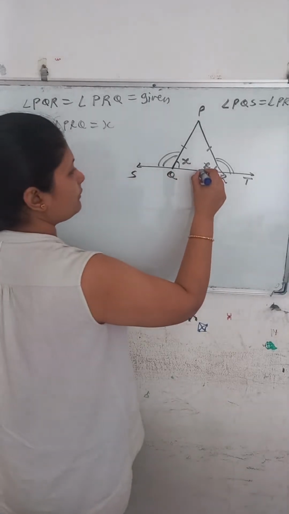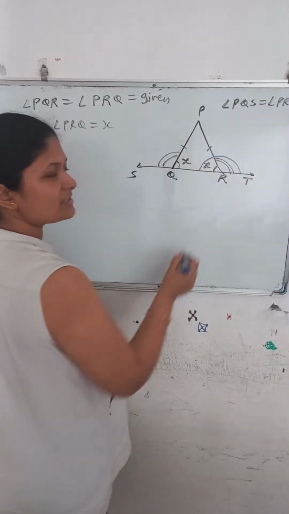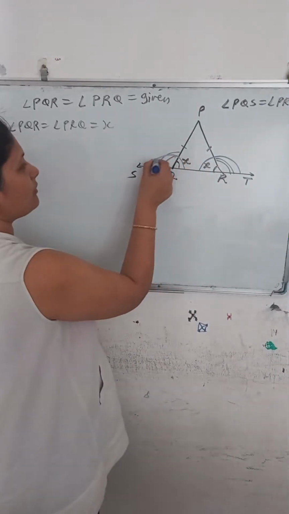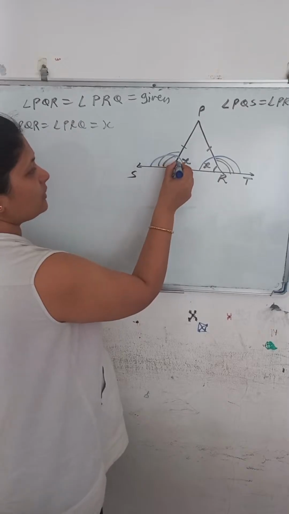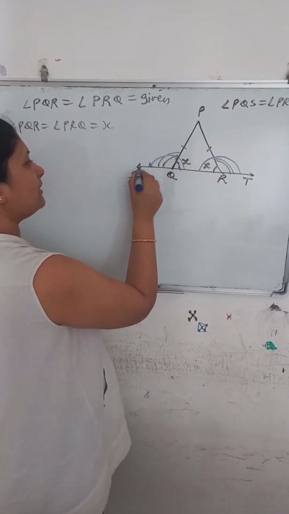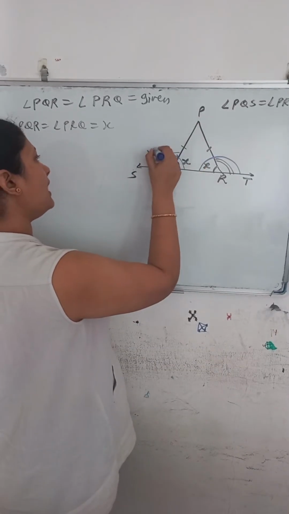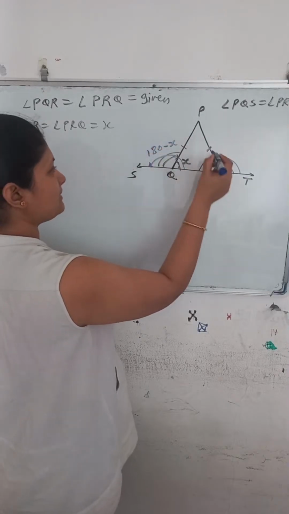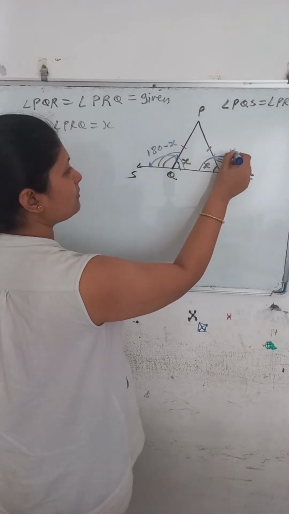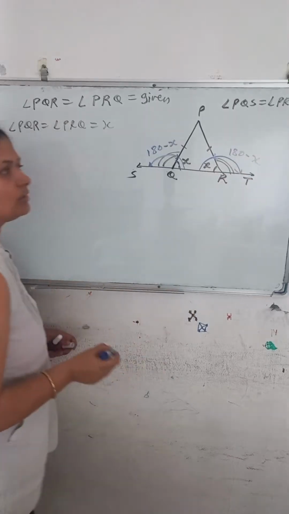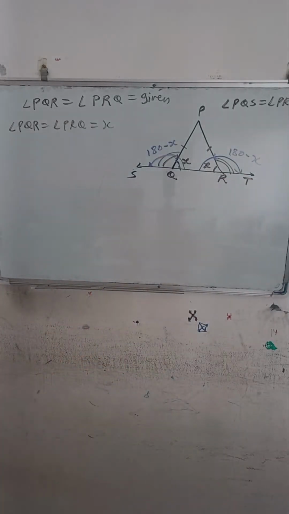But see, this forms a straight line, and this also forms a straight line. So if this is x, then angle SQP is nothing but 180 minus x, and this angle is also 180 minus x. Correct? So they are both the same, so we can say they are equal.